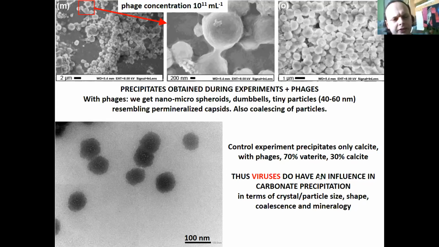So we hypothesize that vaterite, which lasted in our laboratory for the next 2 or 3 weeks, and it was still there, most likely is somehow stabilized. Its structure is stabilized by those phages. This needs more work later.